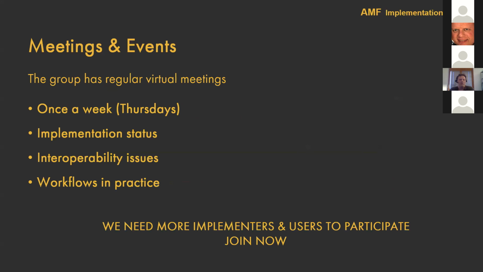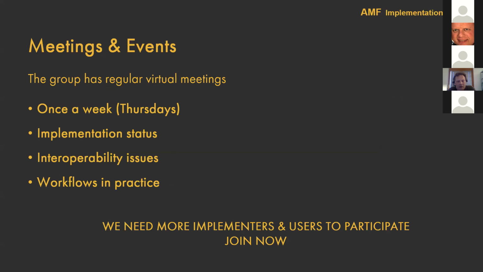And then meetings and events. One of the things that the group is doing quite aggressively from the beginning is to have a once a week meeting, usually on Thursdays, on purpose. We really wanted AMF to get started quickly and get to the real stuff very rapidly with implementers.